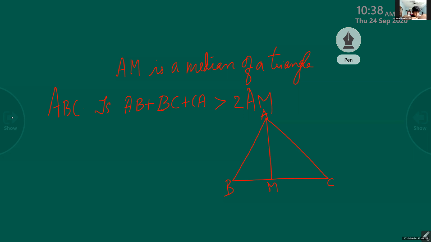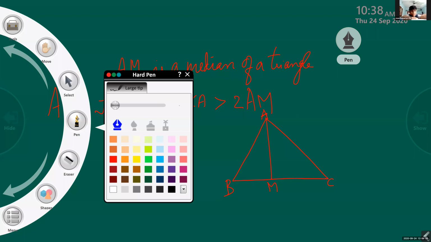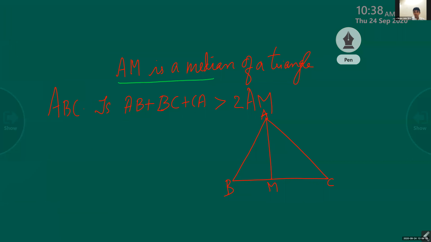What is the peculiarity of a median of a triangle? Can you tell me? Ma'am, it divides the triangle into two equal halves. Is it a triangle into two equal halves or something else you have studied? What is the definition of a median?